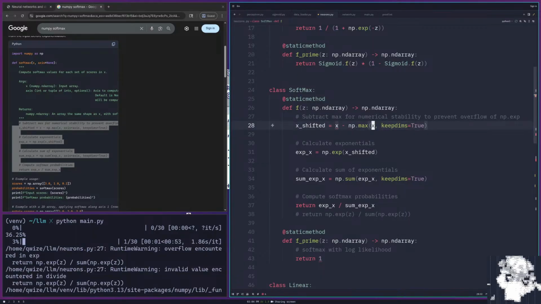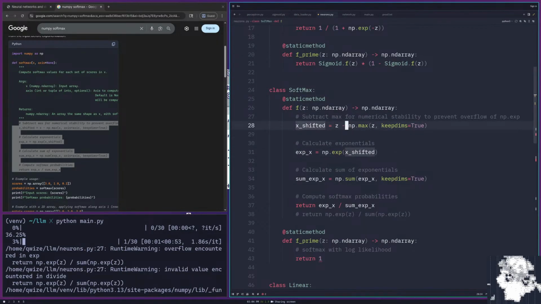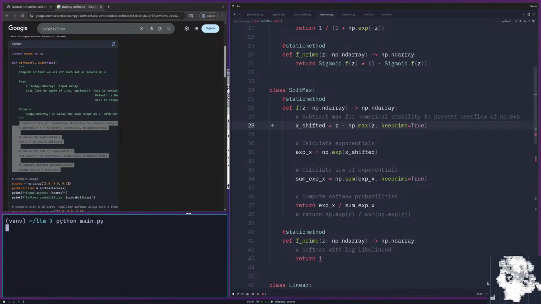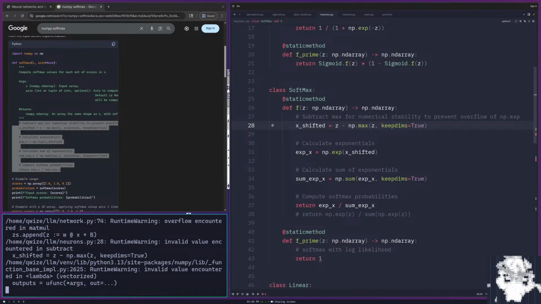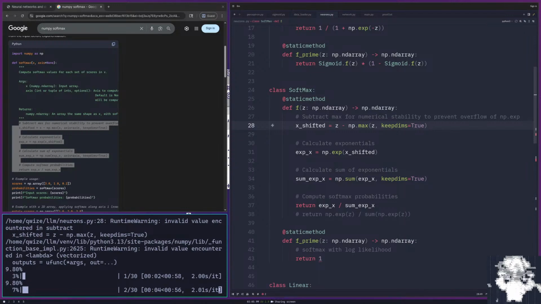I don't know. Does this help? Does this help us not divide by 0, basically? No, it immediately had the same problem.